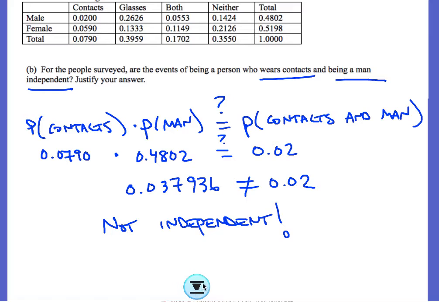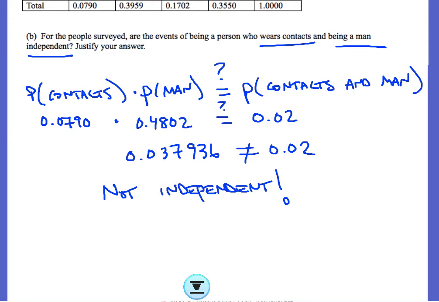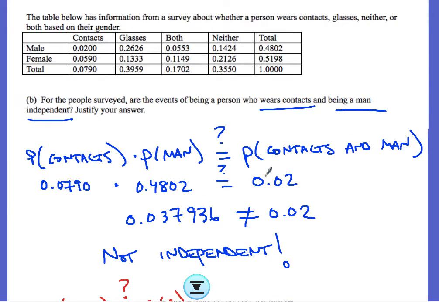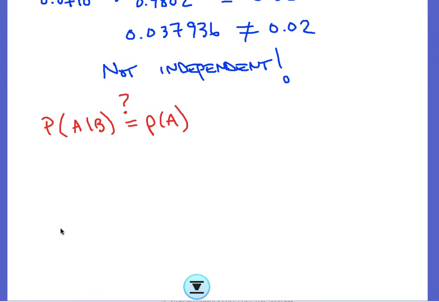Another way that we could try to show this is by using our conditional probability formula, which says that the probability of A given B should just equal the probability of A if they really are independent. So we did that back here where we did the probability of wearing contacts given being a man. So let me go down here again.